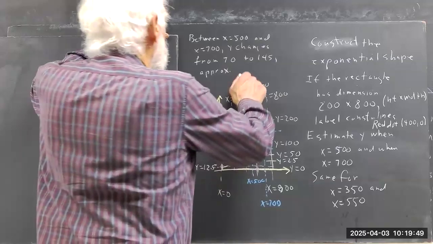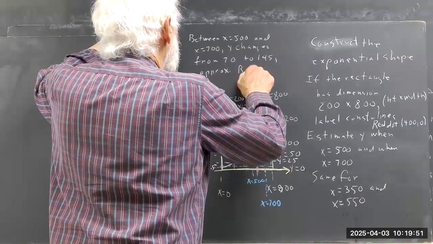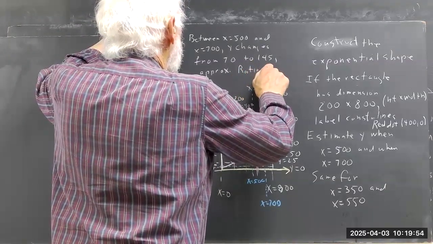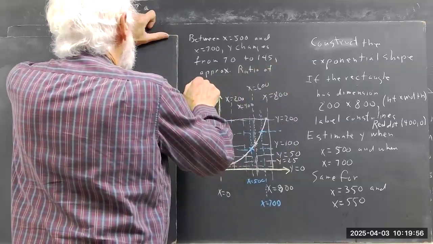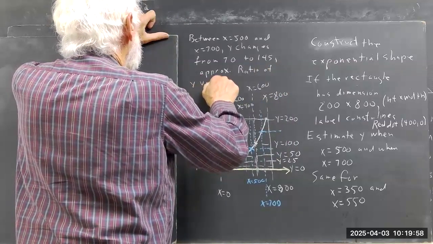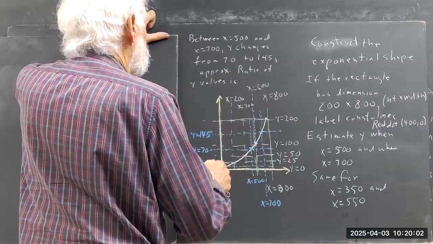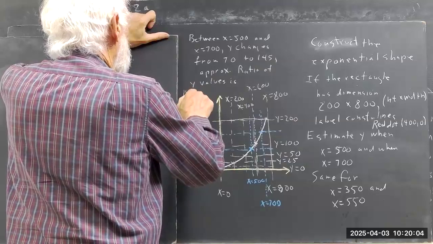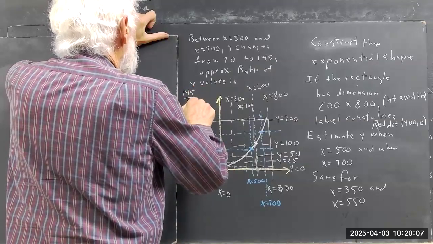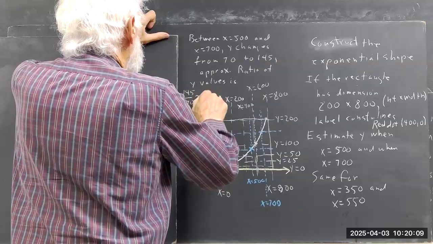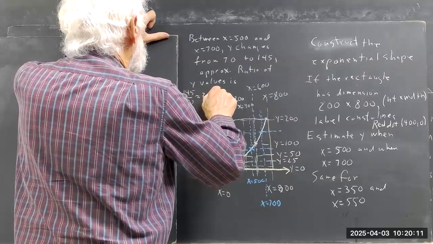The ratio of y values is what? It's 145 over 70, which is approximately 2.07.